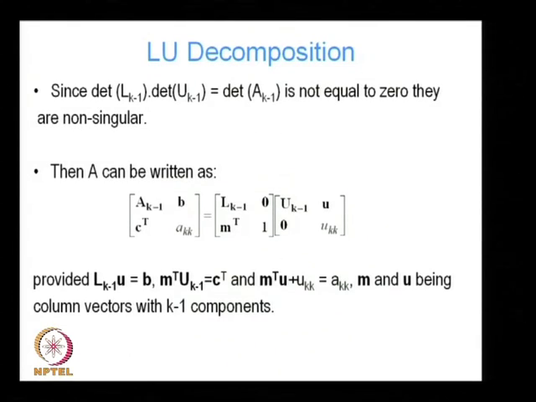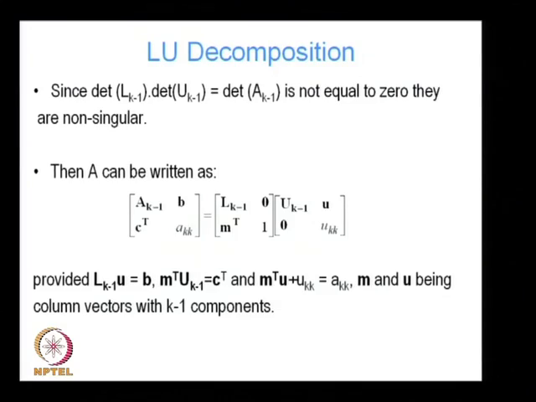Since determinant of L k minus 1 times determinant of U k minus 1 is equal to determinant of A k minus 1, because the determinant of a product of two matrices is equal to the product of their determinants, and since we know that determinant of A k minus 1 is not equal to 0, it obviously means that both U k minus 1 and L k minus 1 have non-zero determinants.